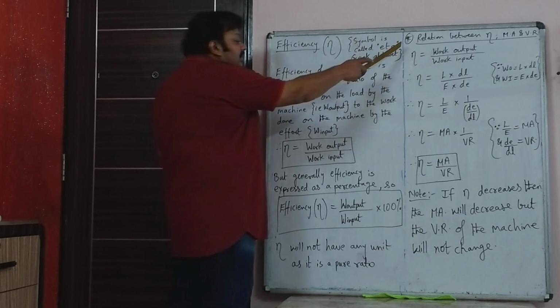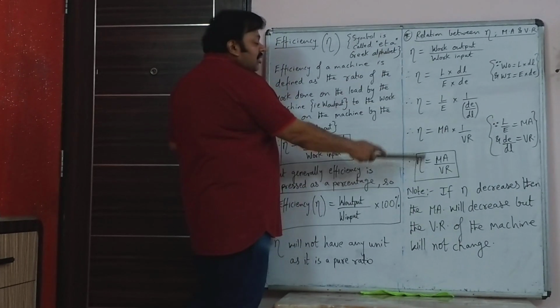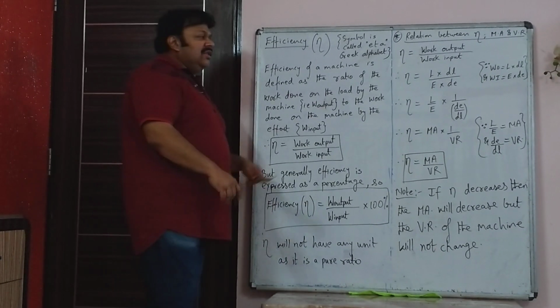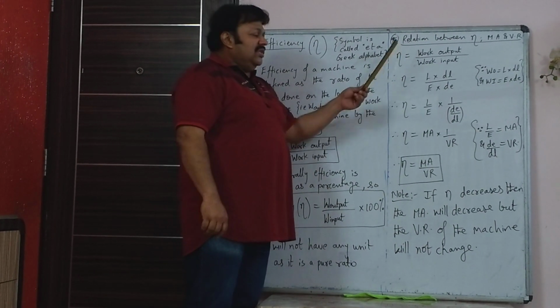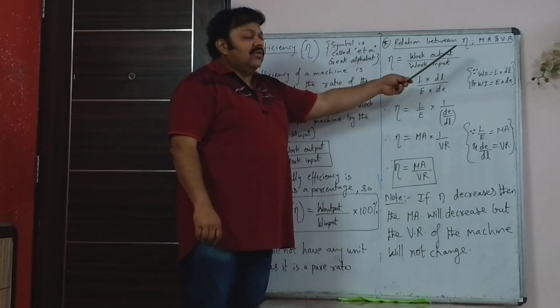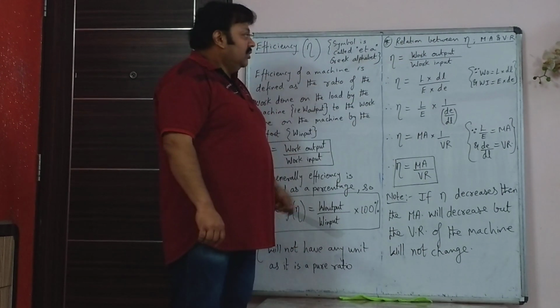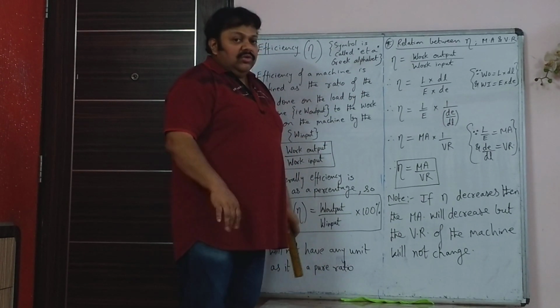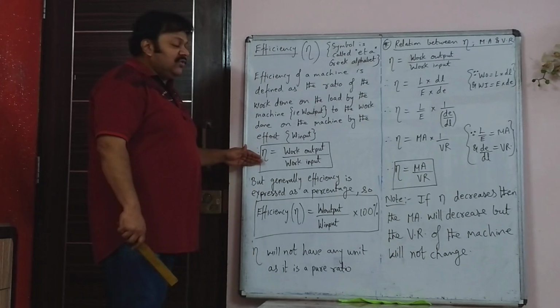Now an important relation. This derivation can be asked for 2 marks. It has been asked a couple of times in the boards. It's a very small derivation. It's basically asking you the relation between efficiency, mechanical advantage and velocity ratio. Now efficiency is work output upon work input, you know that by the definition of efficiency.